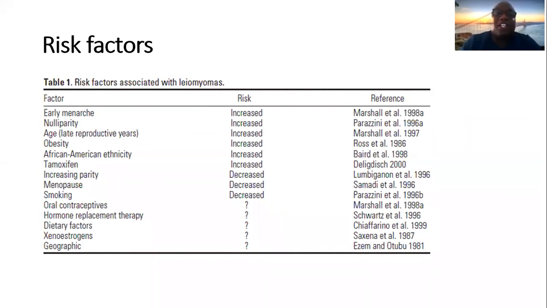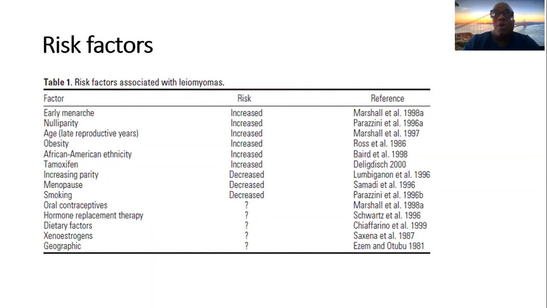And then there are factors which are protective. We'll mention a few. Number one, menopause. Once a woman reaches the age of menopause, there is less risk of developing uterine fibroids. And then increase in parity has been known to be protective.